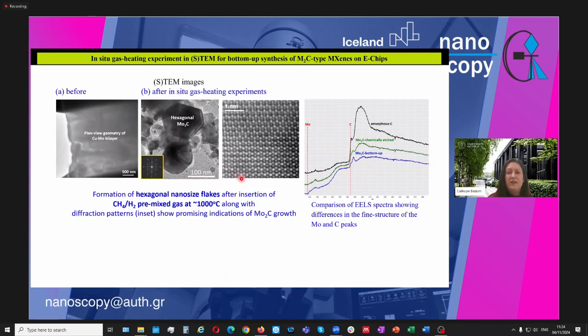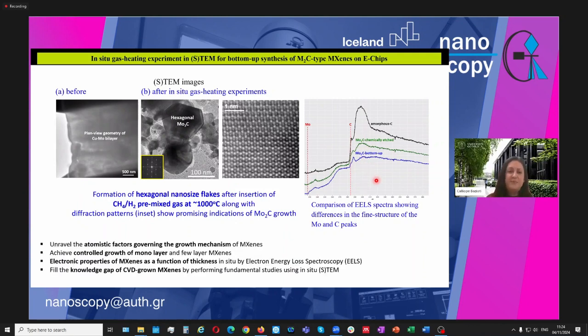And this was verified both by structural analysis, but we also verified with EELS that molybdenum was indeed bonded with carbon. Here you can see the changes in the fine structure of the carbon peaks and the comparison between amorphous carbon and the carbon in the case of chemically etched commercial samples and the case of our bottom-up synthesized samples.